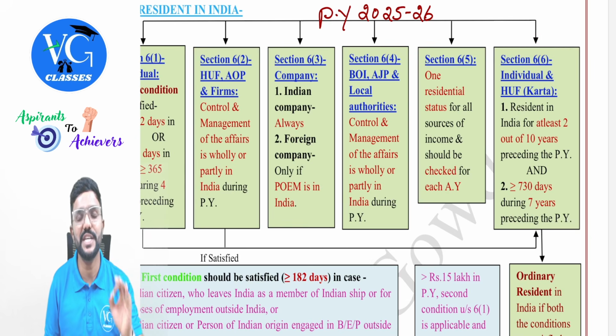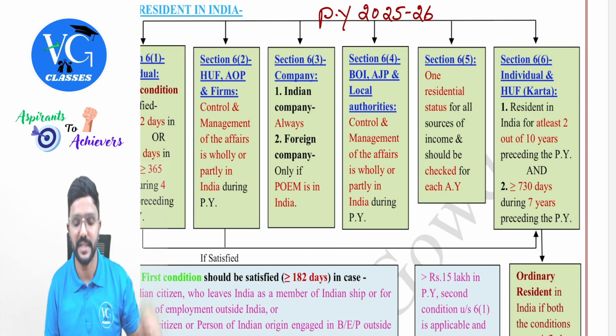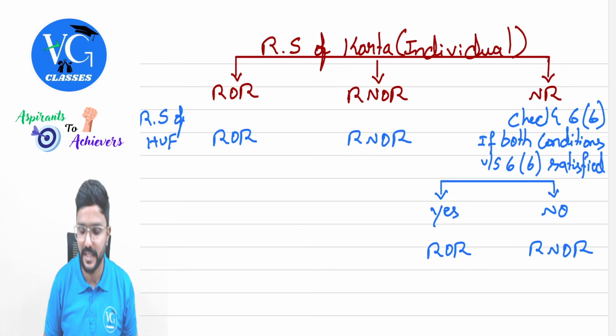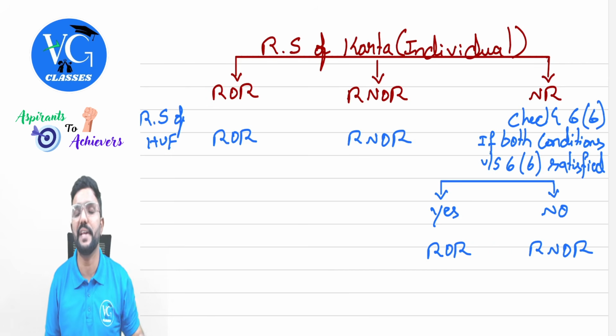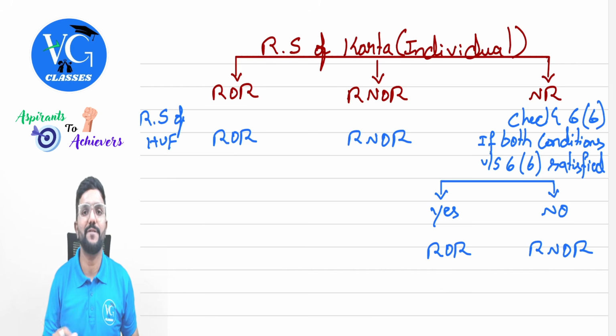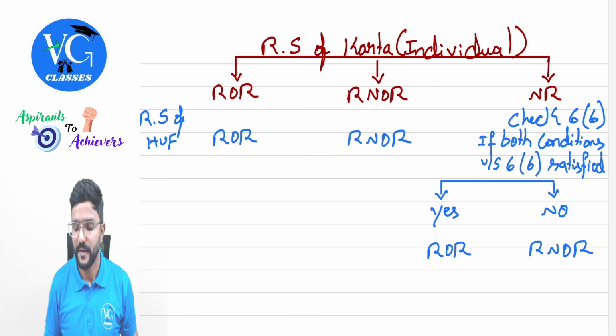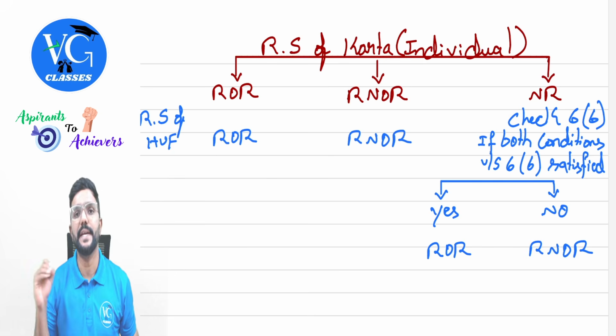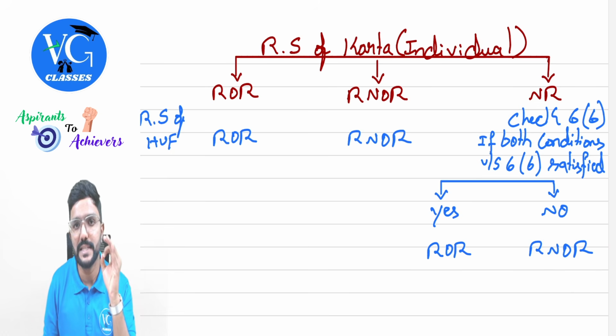That means the residential status of HUF will be ordinary resident, guys. Is that clear? Yes, sir. This can be one rare case. Whereas, if Karta has not satisfied both the conditions given under section 6.6, then we call it not ordinary resident. Guys, please listen carefully here.